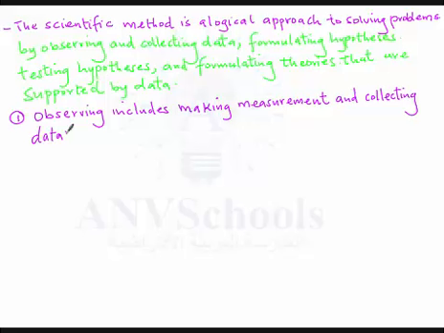Observing is the use of the senses to obtain information.